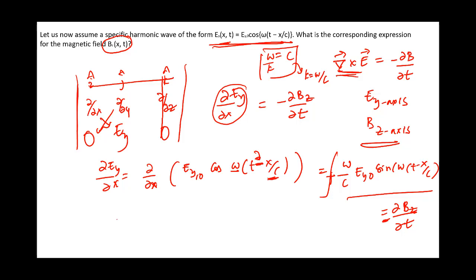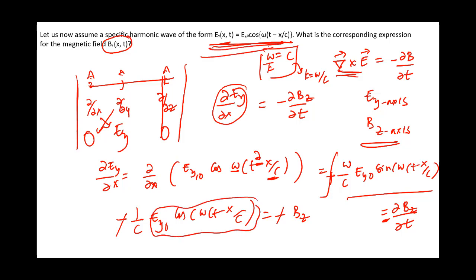So I would have negative 1 over c electric field times cosine omega t minus x by c, which is what I would get to be minus BZ. So this minus and this minus cancel out, or you can see this is nothing but the electric field that we started with, or you can see how the magnetic field is electric field divided by the speed of light.